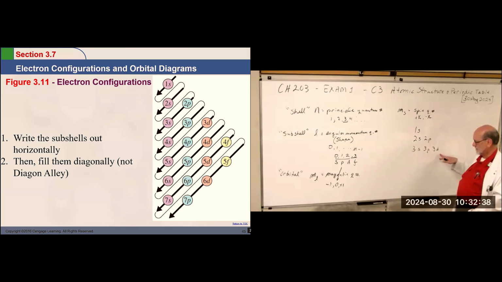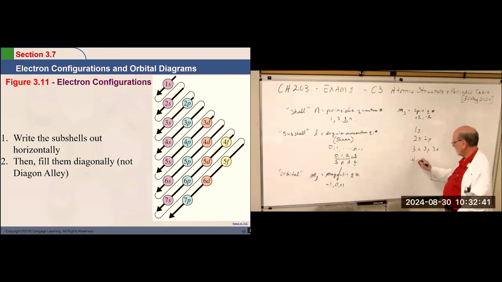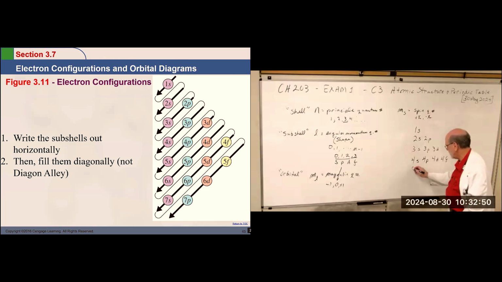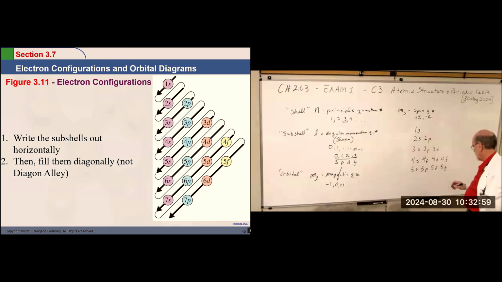S, P, and D. If you go to 4, then you can have an S, a P, a D, and an F. And if we go to 5, you can have an S, a P, a D, a F. And I could put a G out there, but we don't need it, because we're only filling F as the highest we can go.